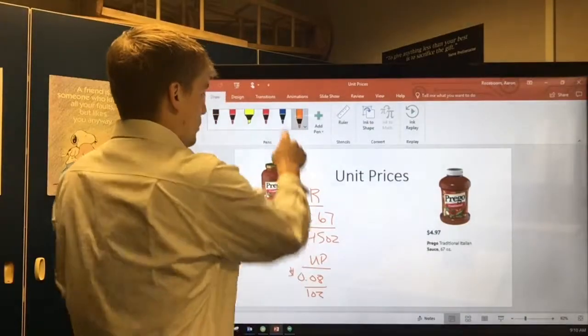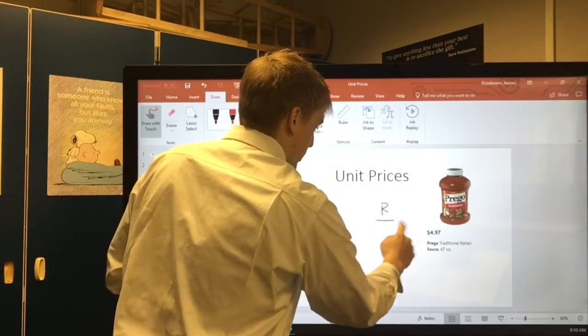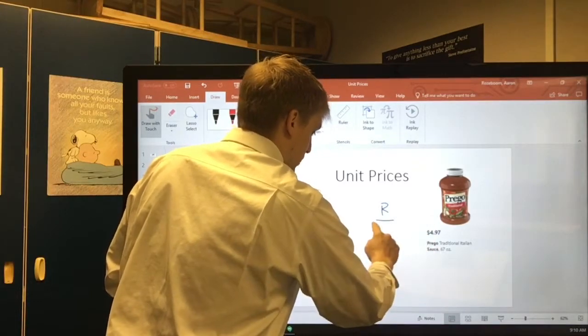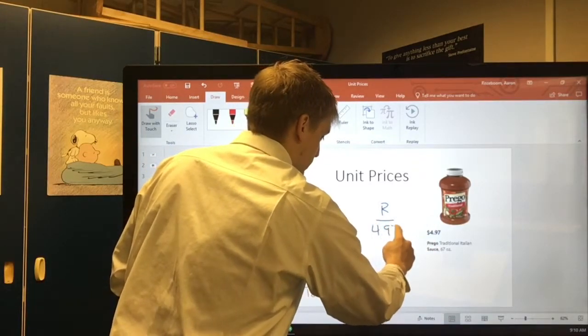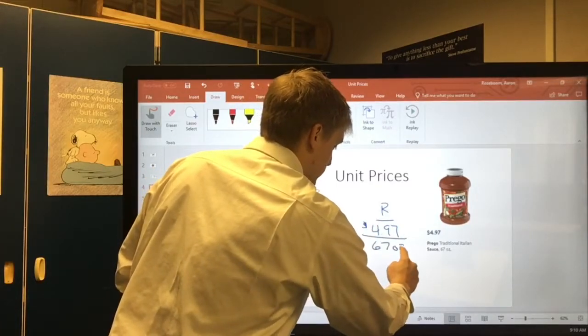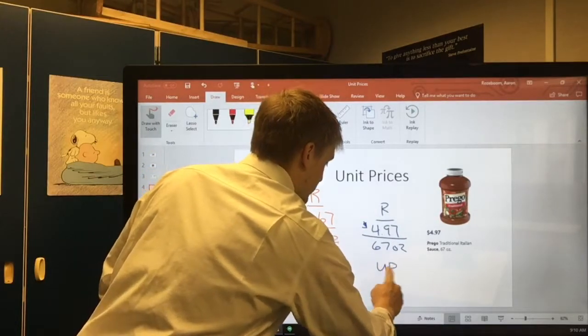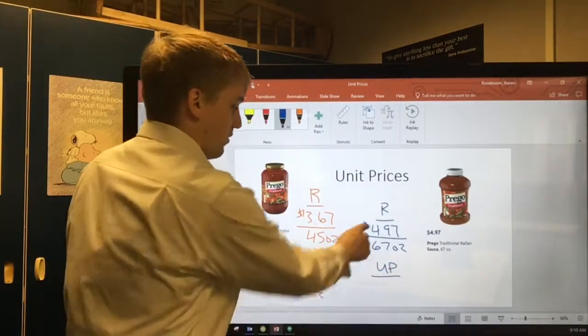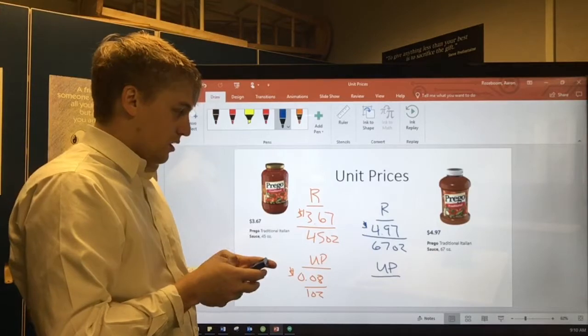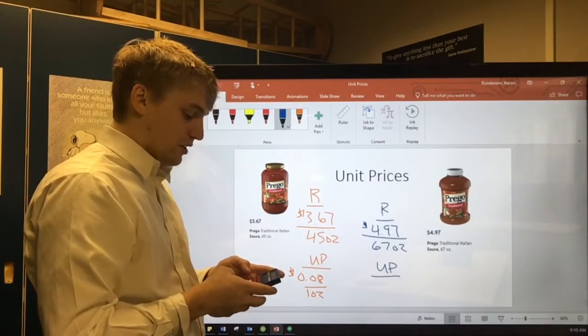The rate for the big 67-ounce bottle would be $4.97 per 67 ounces. The unit price would be $4.97 divided by 67 ounces.